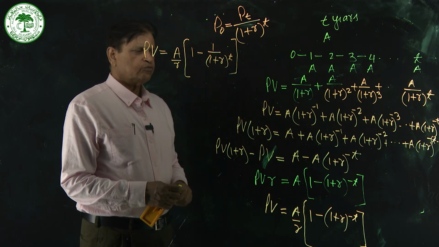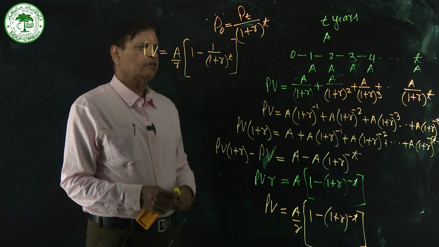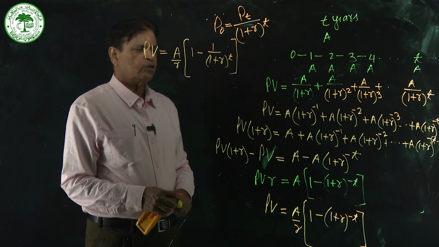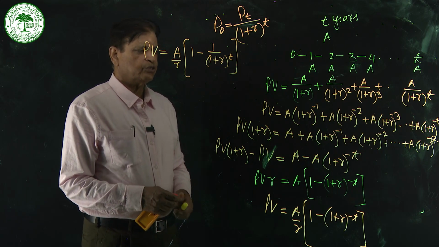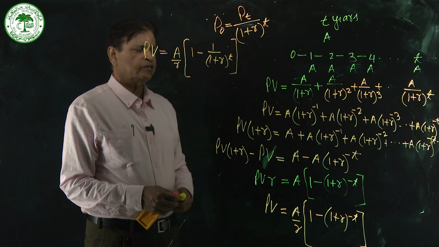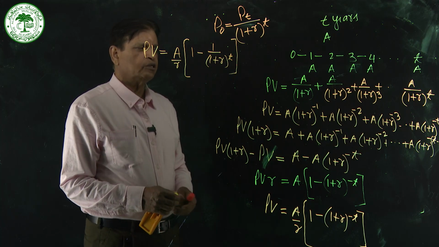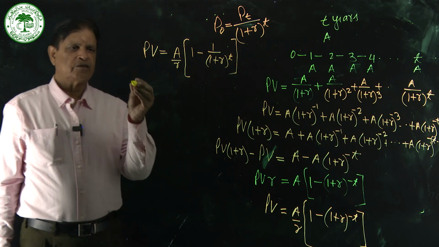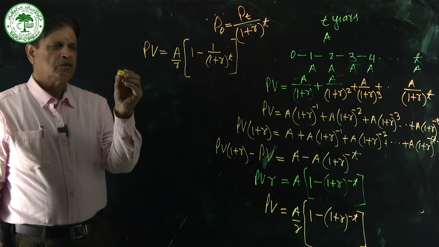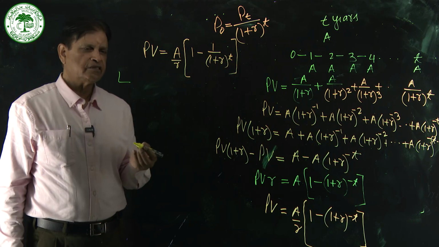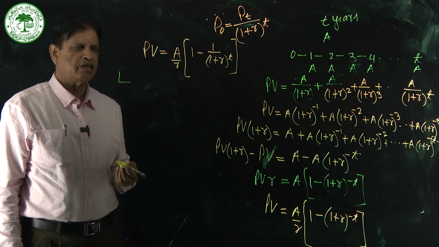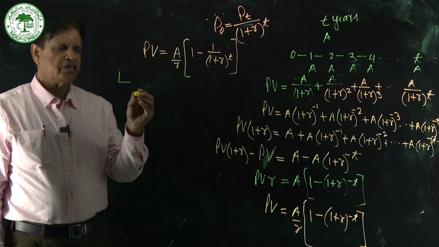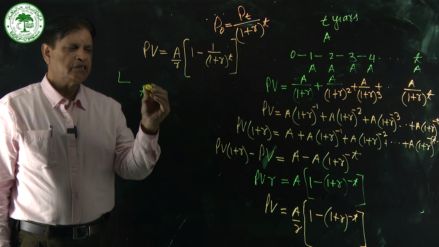Now, suppose we have taken a loan and we want to know how much amount we should deposit every year so that the entire loan is paid. Suppose the loan amount is denoted by L. L is the amount of loan that we have taken, and we have taken this loan for T years.